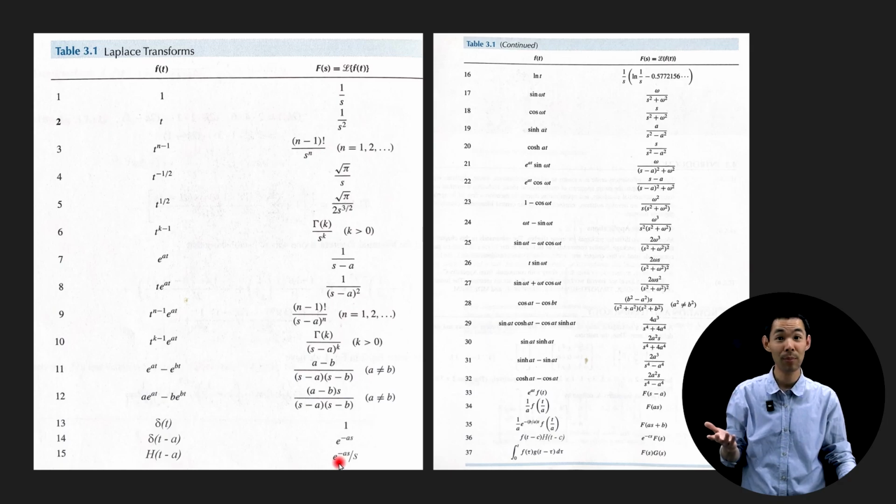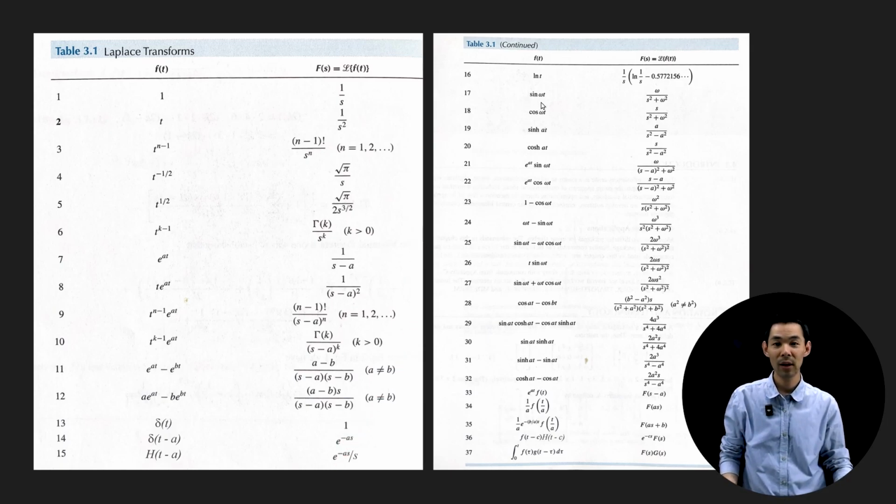Again, the shifting property. And the table continues over on the right-hand side, where you have more complicated functions like logs, sines, sinh and cosh, exponentials, times sines, and it just keeps going and going. And you have corresponding Laplace space functions over on the right-hand side.